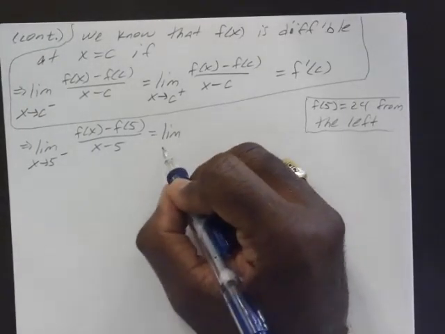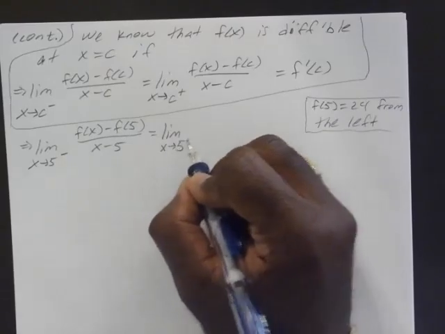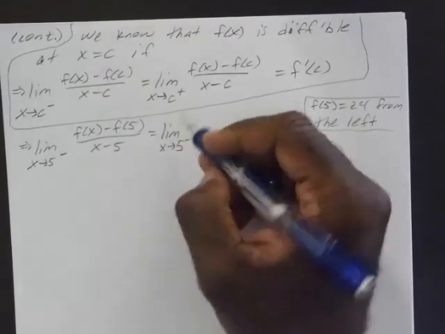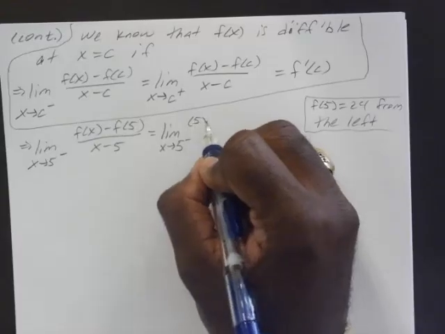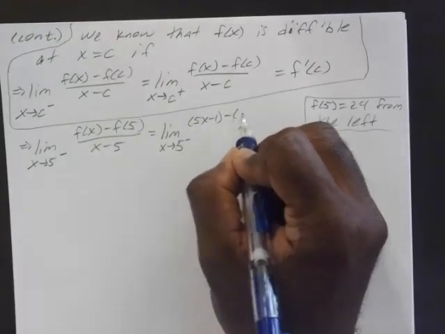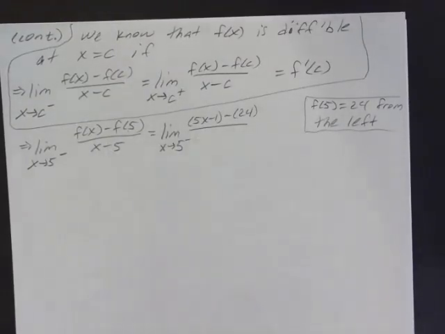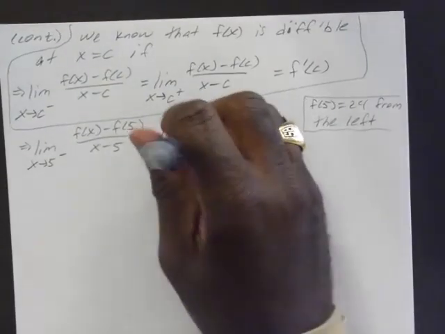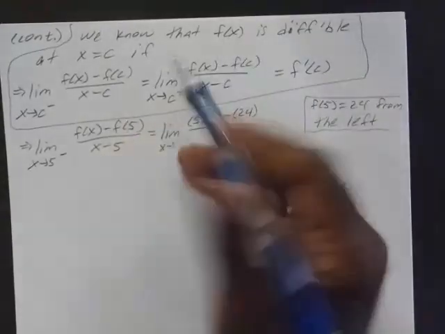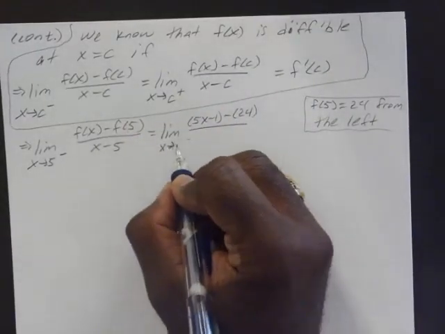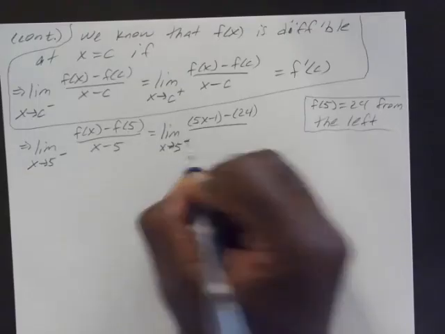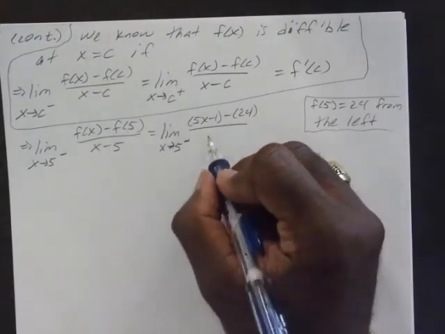So that's the limit as x approaches 5 from the left of 5x minus 1 minus 24, which is our f of 5, all divided by x minus 5.